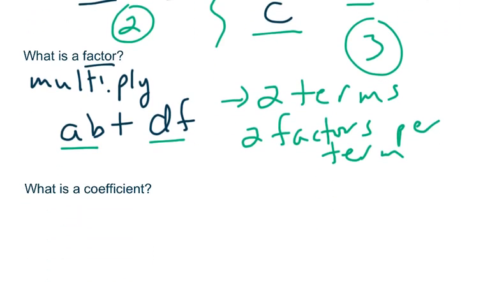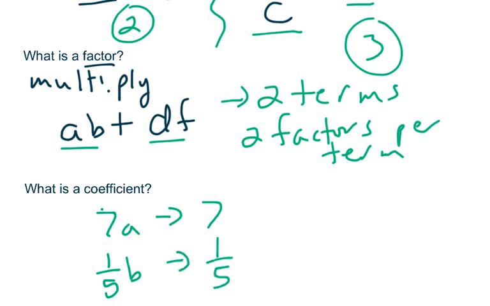Next, a coefficient. A coefficient is a number in front of a variable. So, for example, 7a, the coefficient is 7. 1/5 b, the coefficient would be 1/5. C over 3, if you put a 1 in front of the c, then your coefficient is simply 1/3.